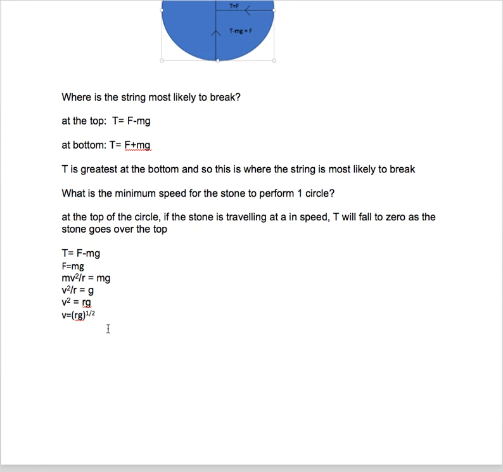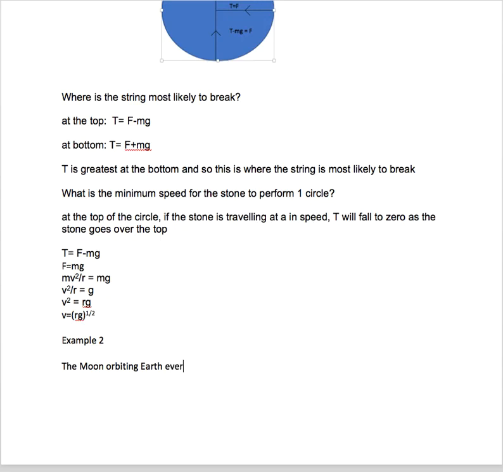So, third installment then, and second example for you. Let's consider the Moon orbiting Earth, because that's what it does.